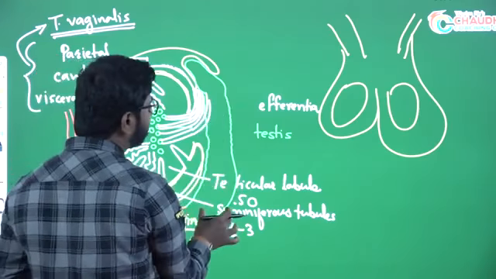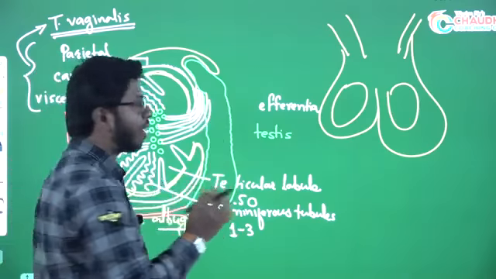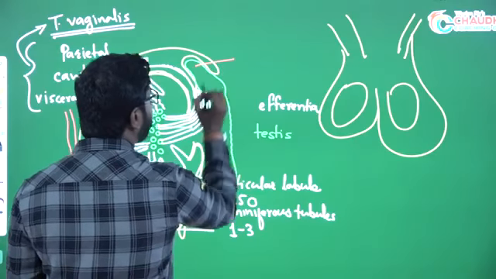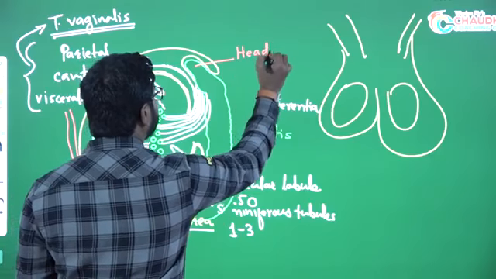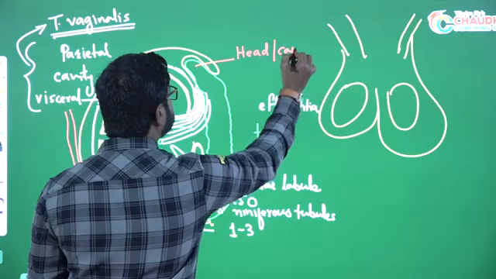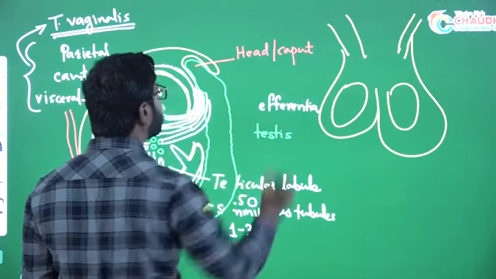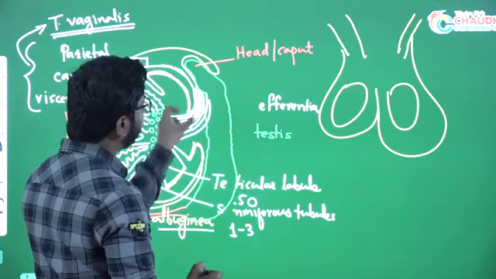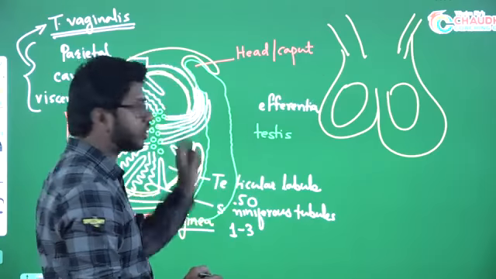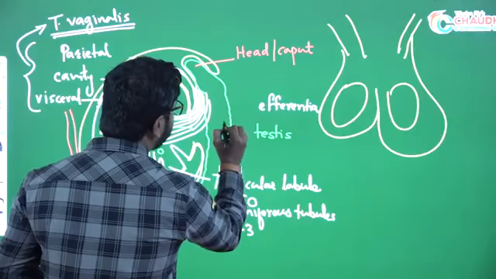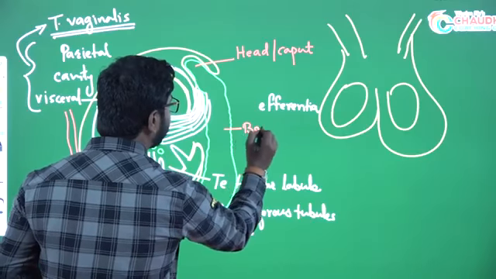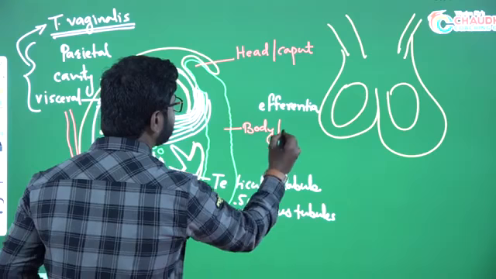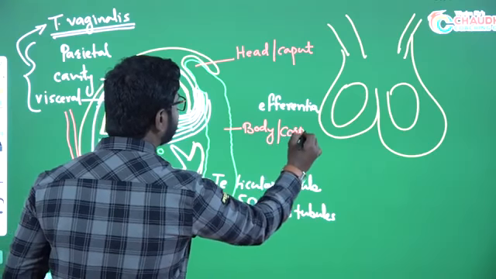Each epididymis has 3 parts. The uppermost part is broad. It is called the head. Head is also called caput, in which sperms first enter through the vasa efferentia. Then the middle part is known as body, and body is also called corpus.